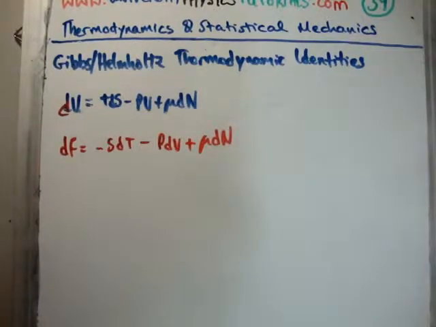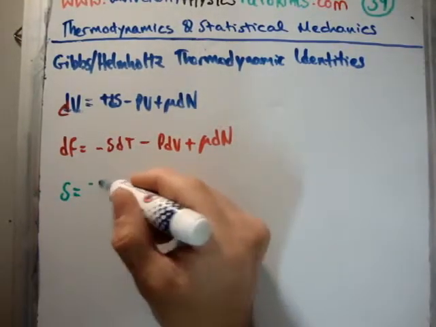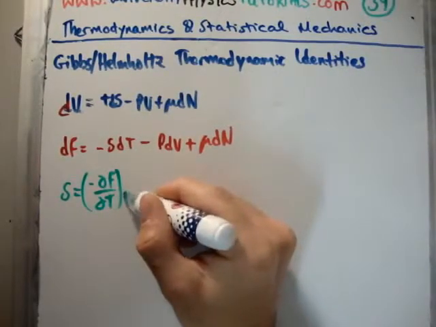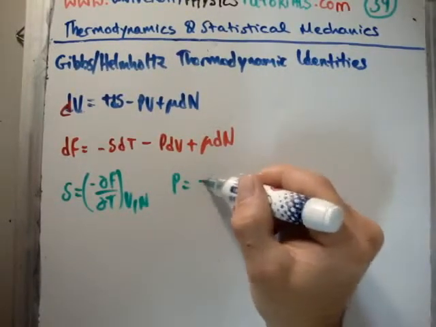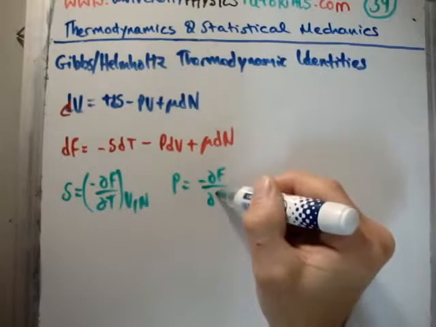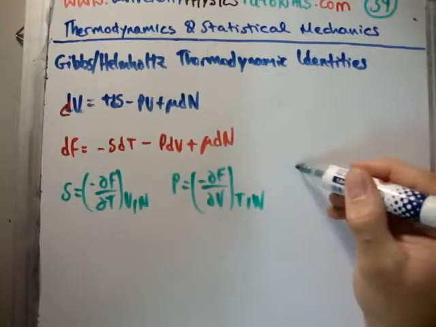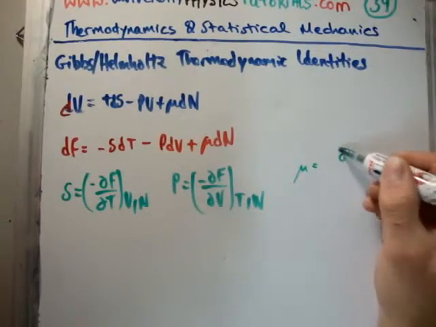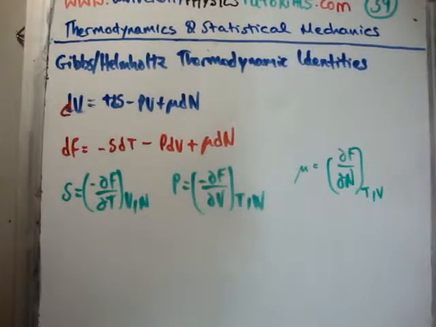If we hold the volume and the number of particles fixed, entropy is minus del F del T. The pressure is equal to minus del F del V at constant temperature and number of particles, and the chemical potential is equal to del F del N, where we hold the temperature and volume fixed.